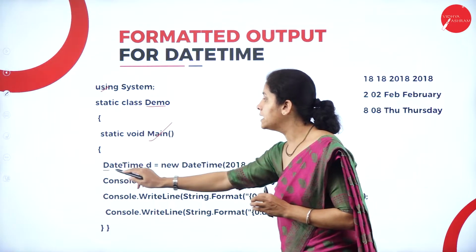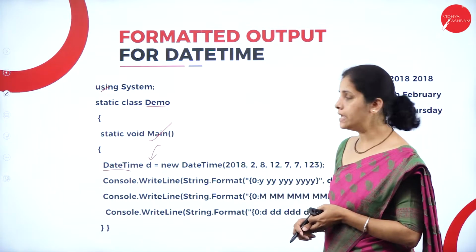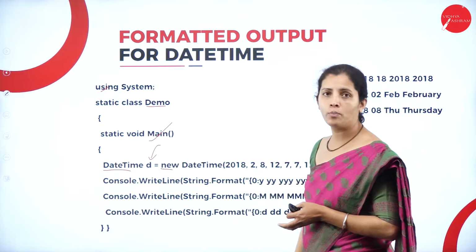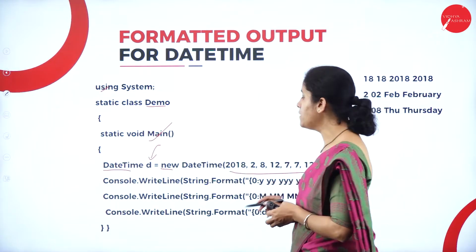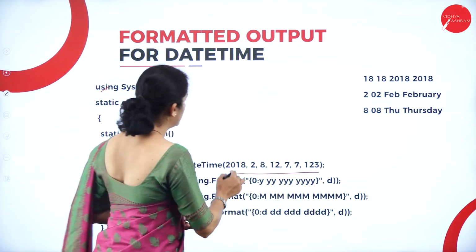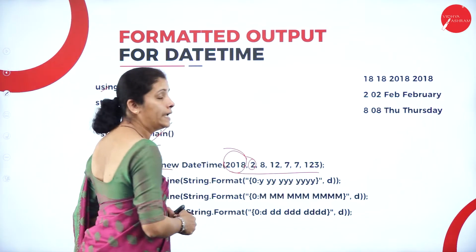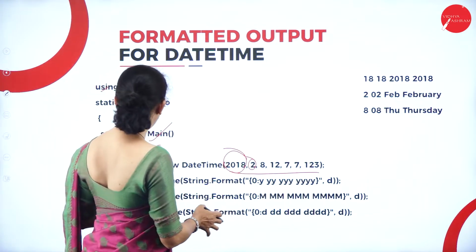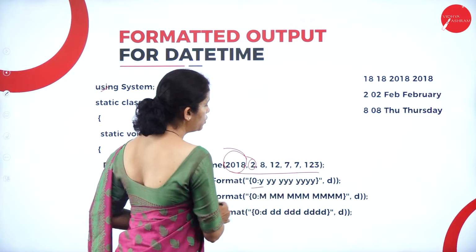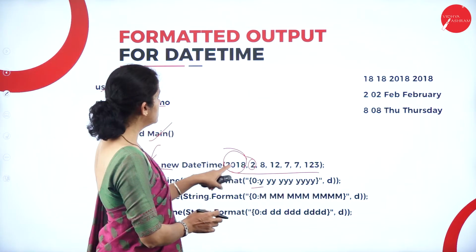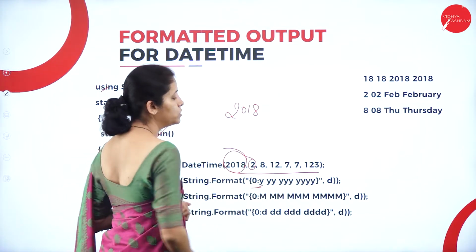Now I have the data type called DateTime, and I'm going to create the object of the type D with the help of the new operator, and I'm going to pass the values. See here, this is nothing but my year. Okay, this is nothing but my days as well as month. Now here I want to format this string. So what I want is to display the year. First, whatever the year I have, that is 2018, in that I want to display the year.